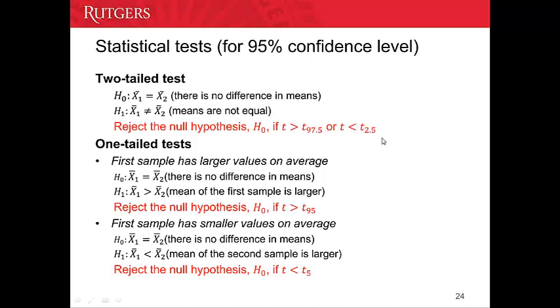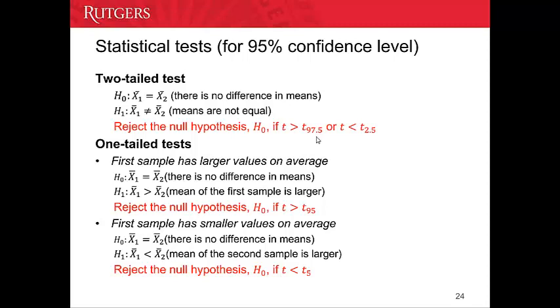Those two values will be the thresholds. If the t-score we calculated is between the two thresholds, we will not reject the null hypothesis. Otherwise, we reject the null hypothesis in favor of the alternative hypothesis: the mean of the first sample is different from the mean of the second sample.